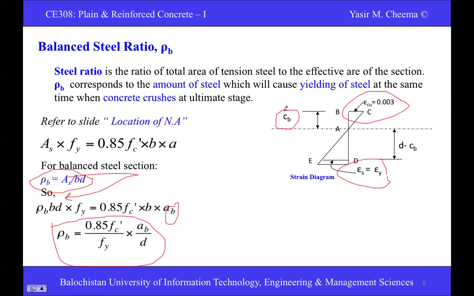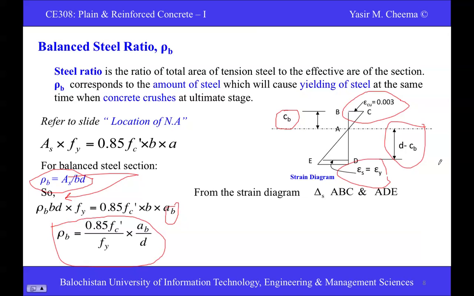You remember that diagram, where C was the depth of the actual stress diagram. We write the subscript b for the balanced steel ratio condition. On the other hand, the lower part is D minus Cb. The total depth of the effective section is D, and the remaining part below the neutral axis comes to be D minus Cb. Clear this point?